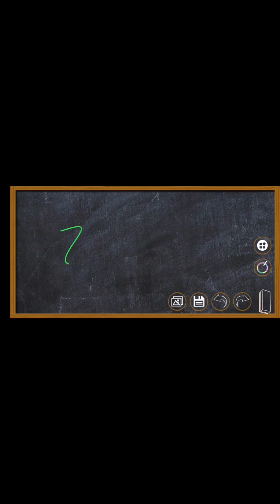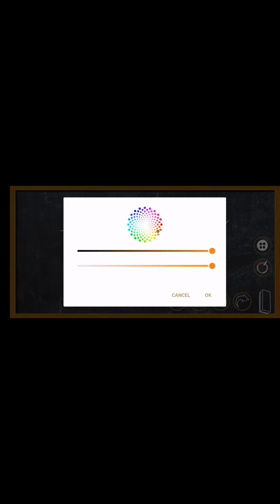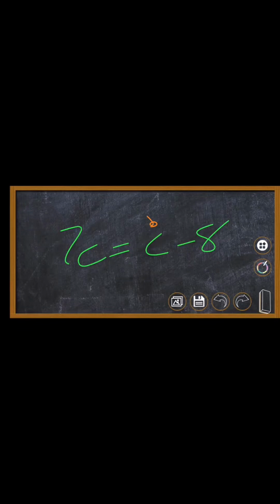So we have 2c is equal to c minus 8. In this case, we first have to put all the unknowns on one side and the knowns on the other side. So if we put the unknowns on one side, meaning this c here will go that side, and it's a positive, so it's going to be a negative this side.